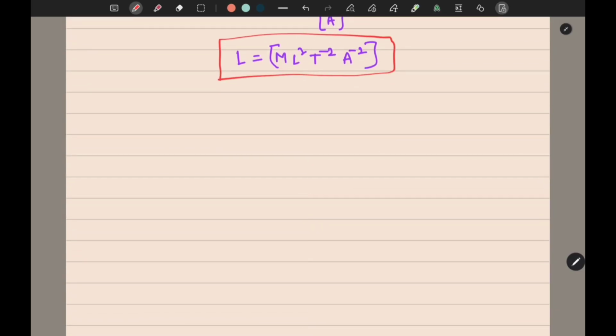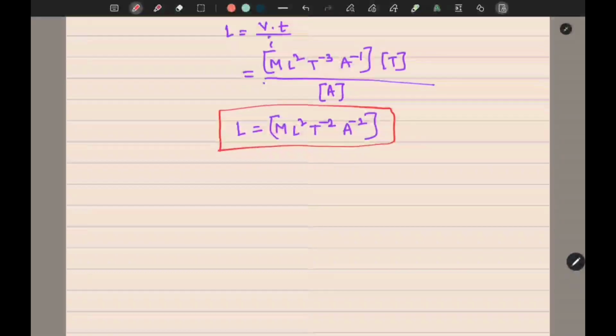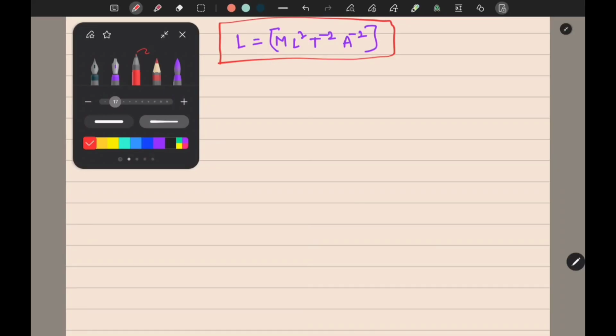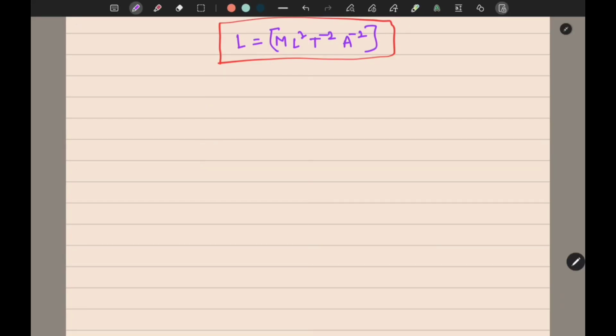Next quantity we can take is electric field intensity, that is E, which is equal to voltage per unit length. We know that the electric field intensity is equal to voltage per unit length.